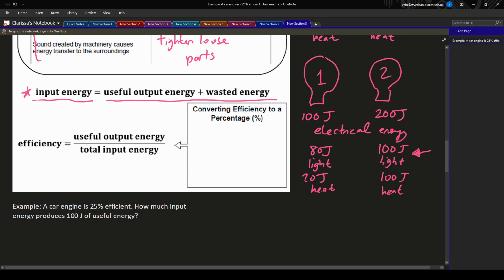So just like I did with my light bulbs, my input is electrical. 80 was my useful output, and then 20 was my wasted output. Both of these have to add up to whatever I put in. Because imagine if I had 80 joules of light and then let's say 60 joules of heat here, well that would break the law of conservation of energy. That wouldn't make any sense because I only put in 100.